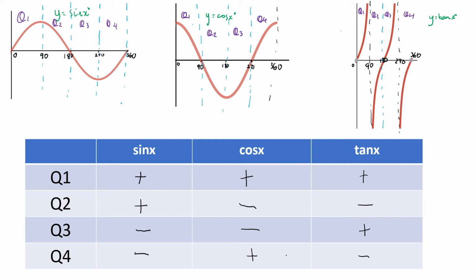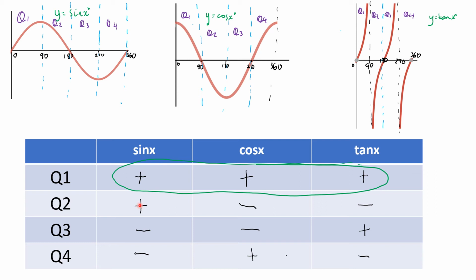So there are a few things that we can take from this table that are hopefully quite interesting. If we zoom in on quadrant 1, you'll hopefully notice that all of the functions are positive. They are all above the x-axis. But in quadrant 2, there's only one function that's positive.